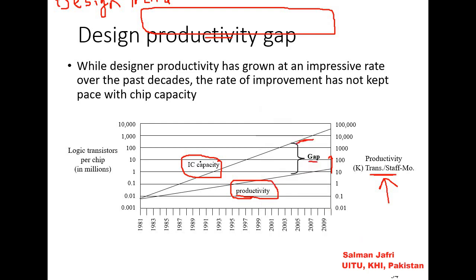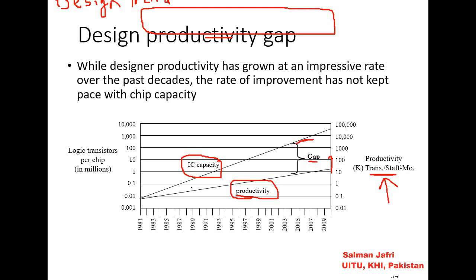So this is basically the IC capacity or the level of integration going like this. And what is productivity? Productivity is the number of transistors or the complexity of the design that can be created. It means that IC capacity, the capability to integrate more transistors, has increased at a very great rate, but the designer productivity has not kept pace with this particular trend.